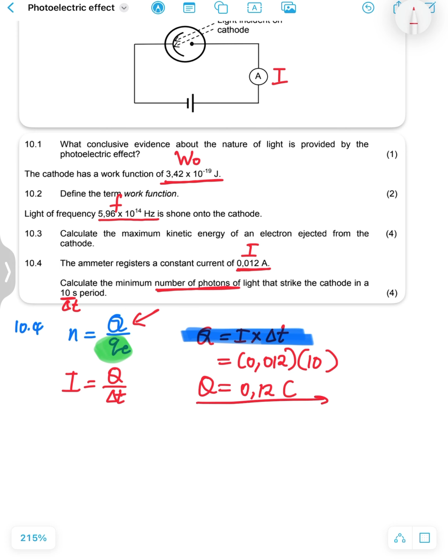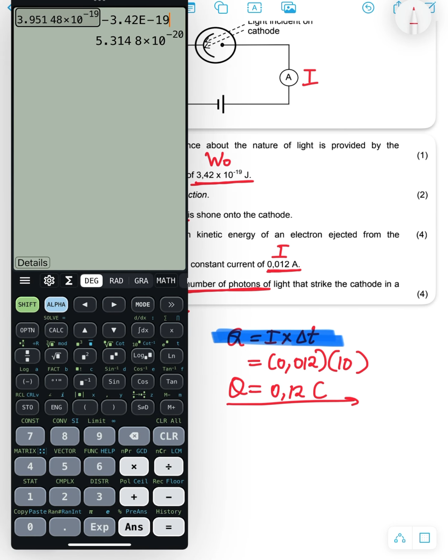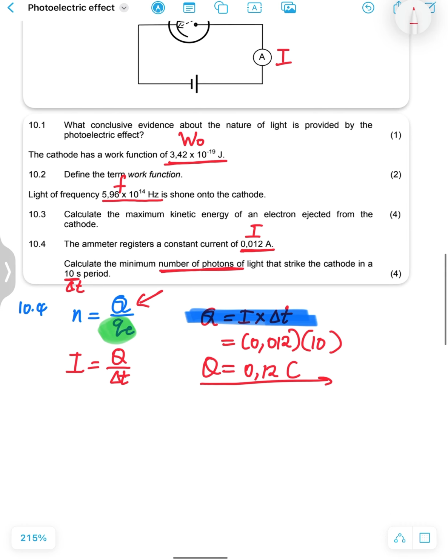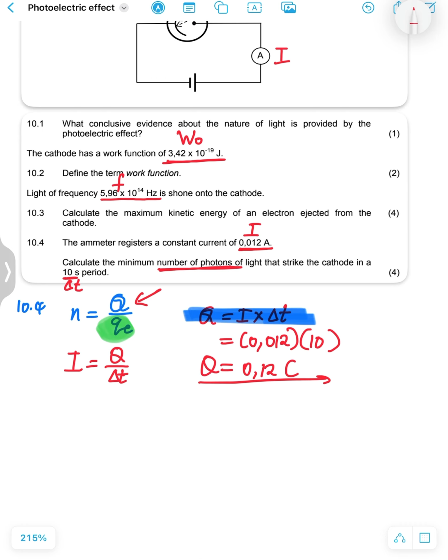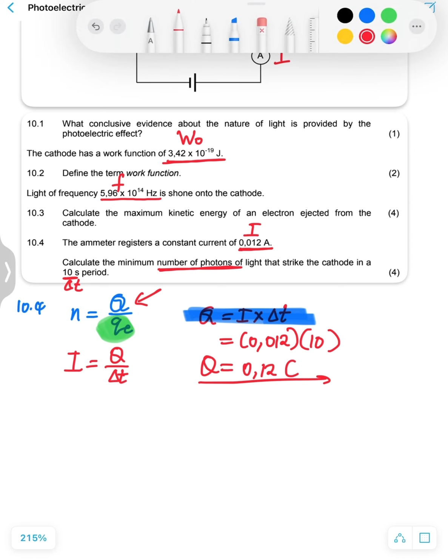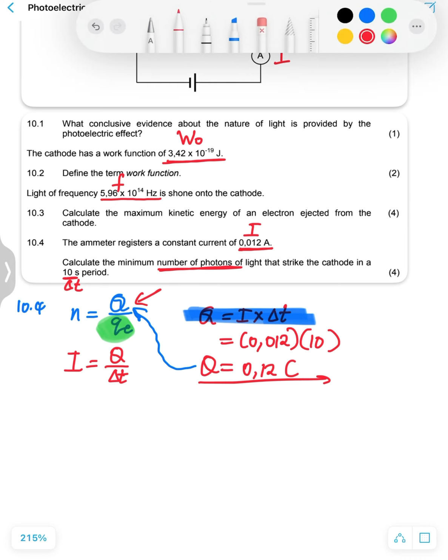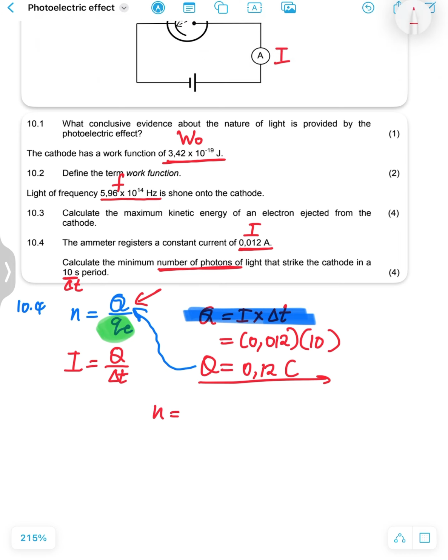So once you have the charge, you can substitute it into this formula here and get the number of electrons.